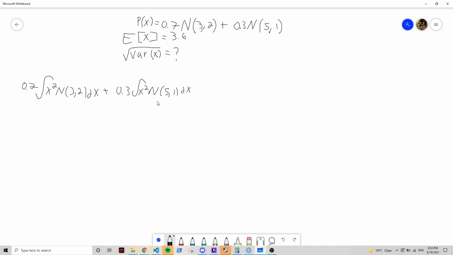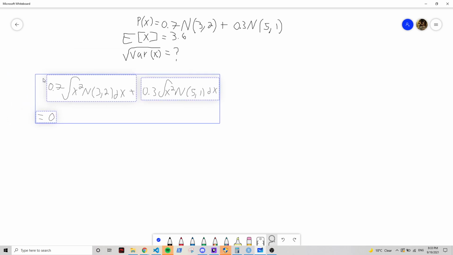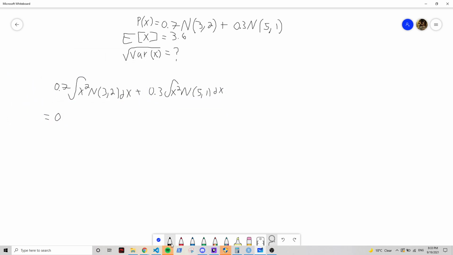And so just like before, now we can look at the second moment of these normal distributions, and the second moment is sigma squared plus mu squared. So if we apply that, let me move this over a little bit to make clear what exactly I'm computing. Right now we're focusing on the second moment of x.